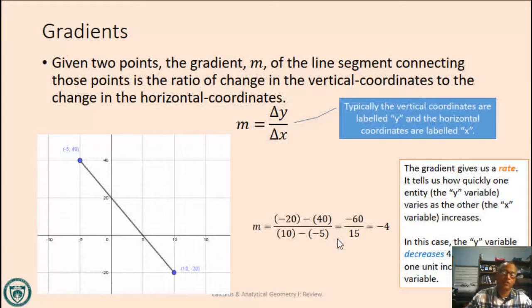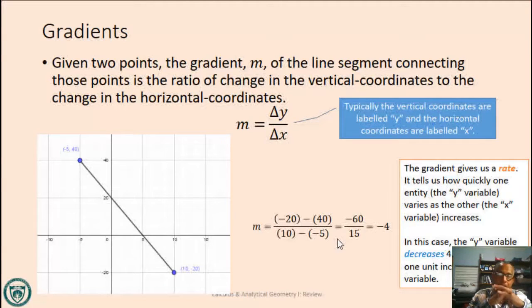Okay, and so that little division there gives you the gradient. Remember that the gradient gives us a rate. It's telling you how quickly one variable varies with the other. This is applied in many different situations, in engineering, in the various sciences, in finance, in economics. You might be interested in the rate of how quickly, for example, the cost of producing an item varies with the number of items you're producing.